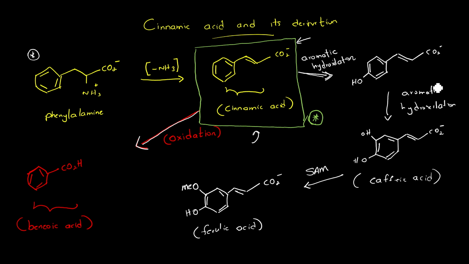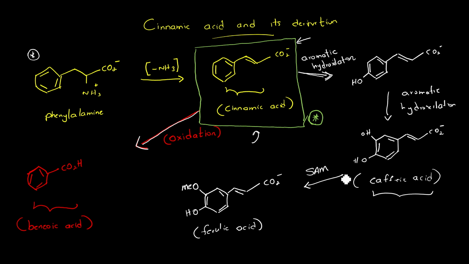Okay, so now we are here. I hope you get this simple aromatic hydroxylation. Here you have a hydroxyl group on the aromatic ring, and another hydroxyl group is being attached to the ring. So this is caffeic acid, another somewhat important molecule.